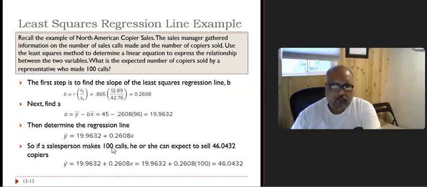So x is equal to 100 in this equation. It gives us y equal to 46.0432 copiers. So that way we know that if a person makes 100 calls, then he or she is expected to sell about 46 copiers. Pretty interesting.